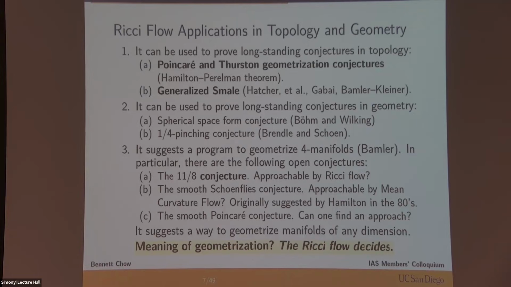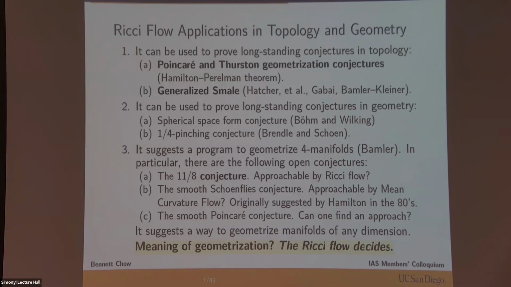After three dimensions, the next case would be four-manifolds. In particular, arguably three of the most well-known classical conjectures in smooth four-manifold topology are the smooth Poincaré conjecture, the smooth Schoenflies conjecture, and the Ricci conjecture.